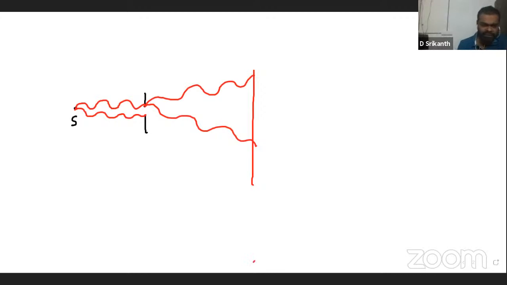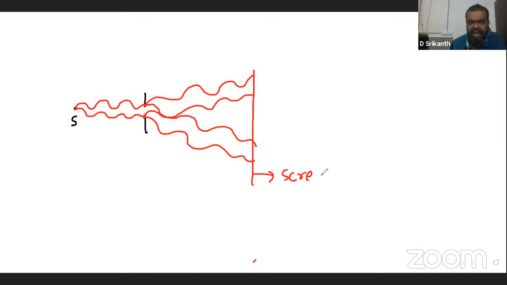Here also the same thing, the light ray changes its path. In order to see this, we have a screen, and this one is the slit.